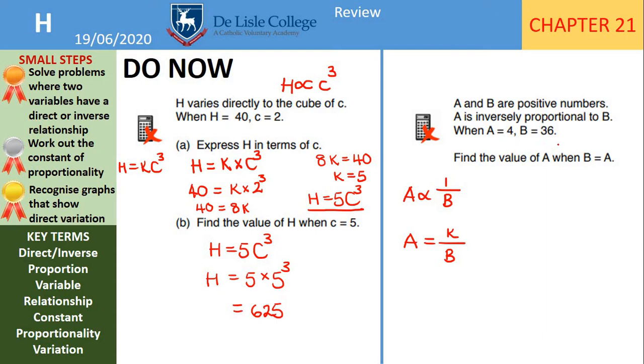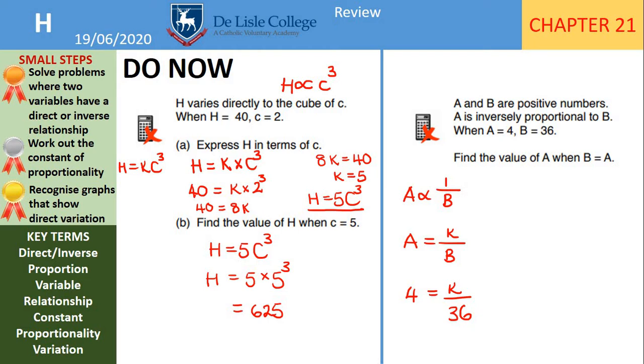Now let's use the information we're given to work out what the constant of proportionality is. So when a equals 4, b is equal to 36. So you can see I've replaced a with 4 and the b with 36.